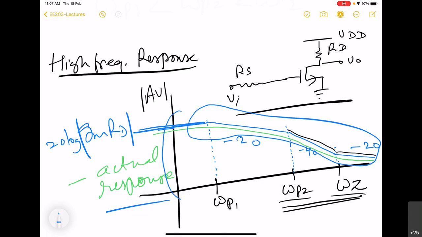And this is the low frequency region for which we are going to carry out the analysis today, right? But this is going to be the maximum value that you will get, and the maximum value here is equal to GMRD.